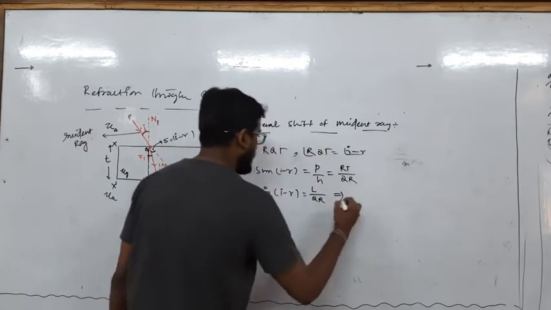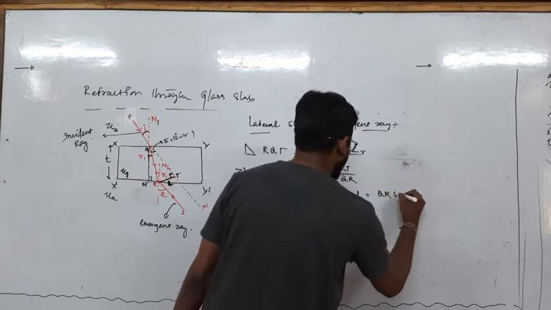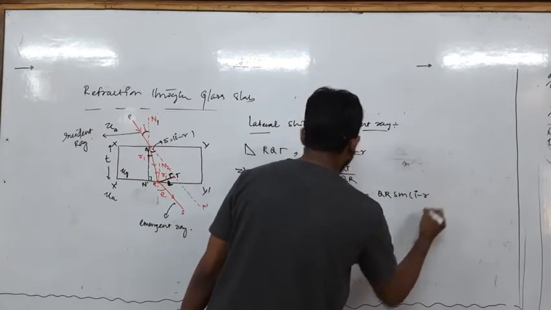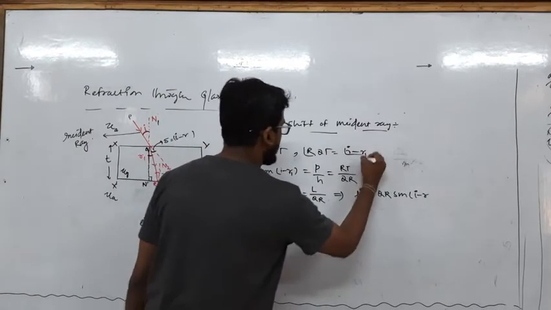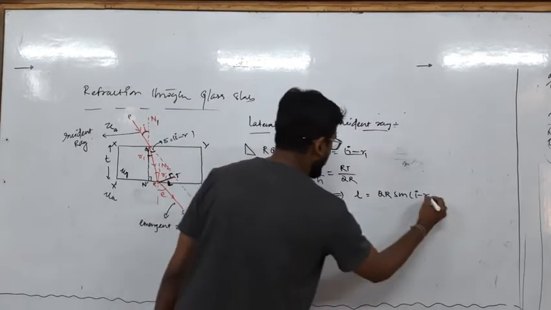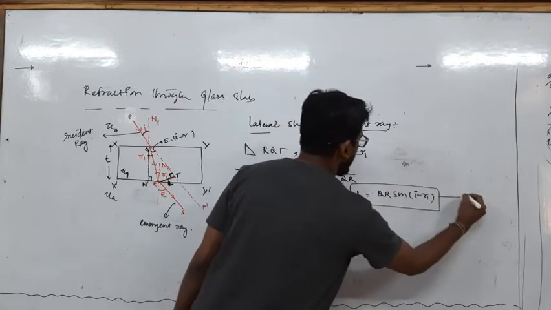So the lateral shift L equals QR into sin(I minus R). Sorry, here R is R1, so sin(I minus R1). Clear?